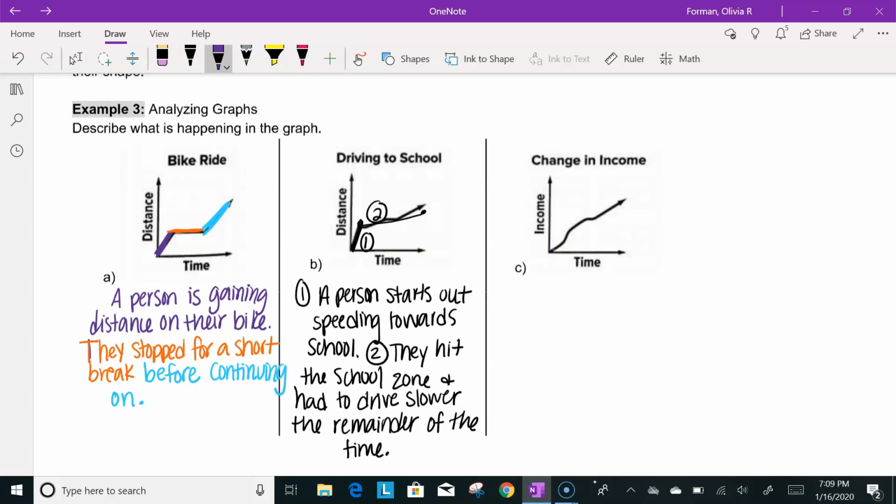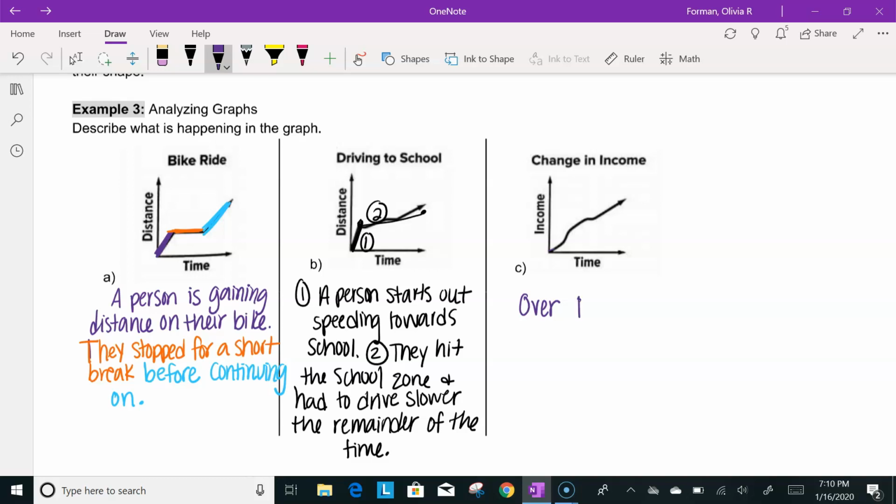Or is it something like, this is the change in income as far as each year I had a raise or something? Or is it change in income over the course of a month? You know, it kind of just depends how you want to interpret it. All I did is I looked at it as just a short period of time.